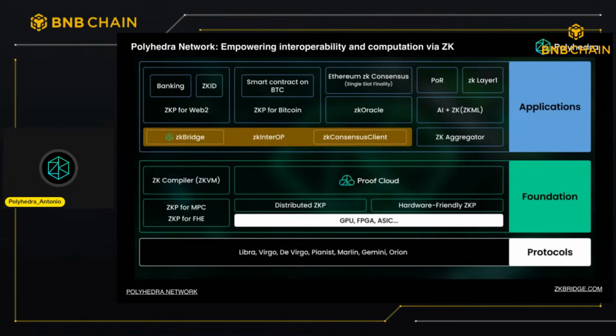And we also have, for example, zero-knowledge proof protocol for Web2 users, including banking services and ZK ID services. We have ZKP for Bitcoin. We have ZK Oracle. We have AI integration and proof of reserves. We have Ethereum ZK Consensus, and also layer 1, the ZKJ chain we are announcing soon. So these are the possible applications that you can also explore.